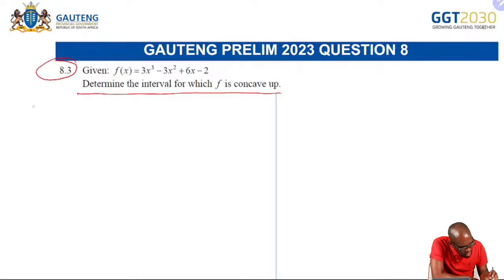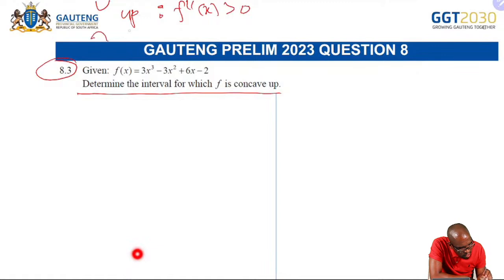Now, first thing that we do when we look at concavity is we should be looking at the second derivative. It is always concave up when f double prime of x is positive, and it's concave down when f double prime of x is negative.